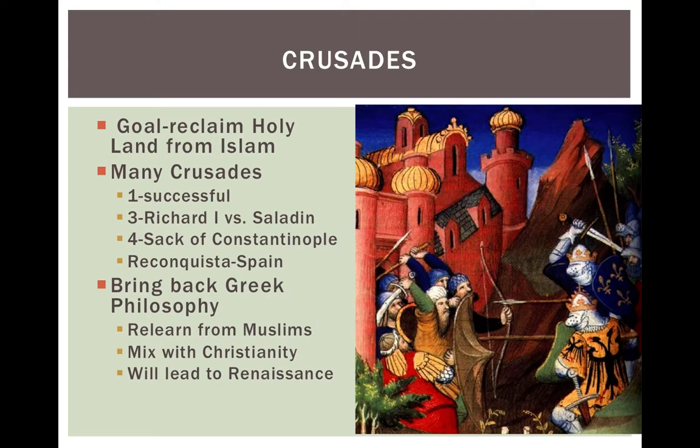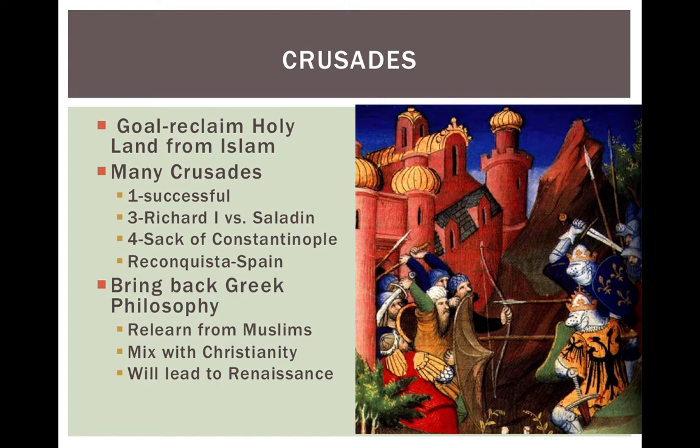Now, the one major conflict that the Europeans go out and try to knock some people out in is the Crusades. There are many, many Crusades, but there are four famous ones that we'll look at. And the whole goal of all these Crusades is to reclaim the Holy Land for the Christians, or some of the other ones that don't go to the Holy Land, just reclaim land for the Christians, whether it's beating up pagans or knocking out the Muslims.